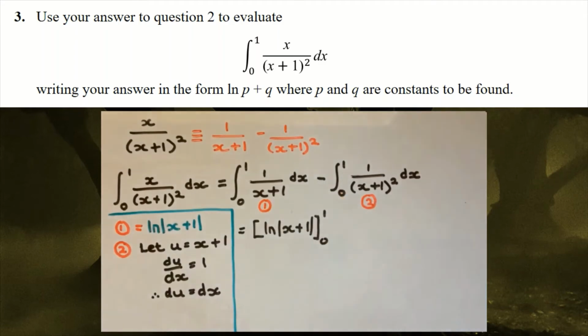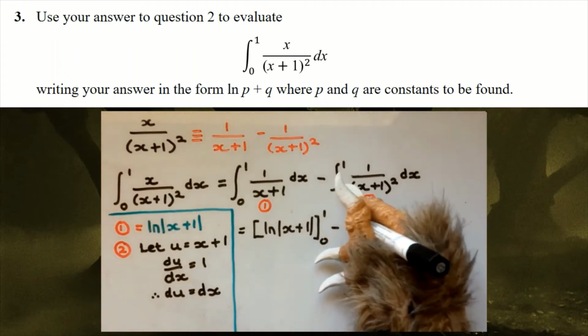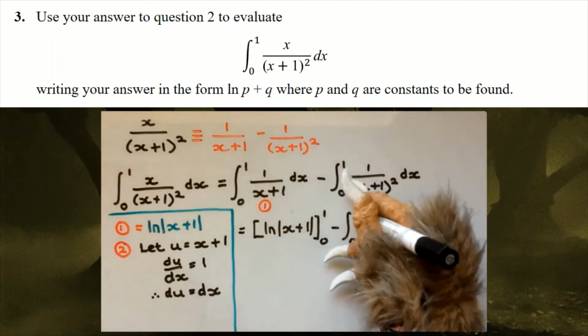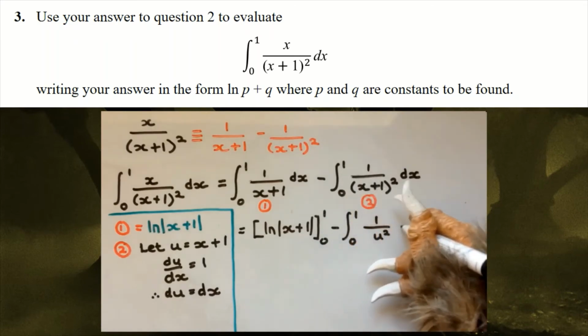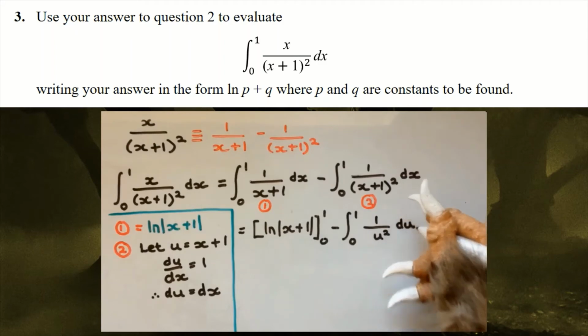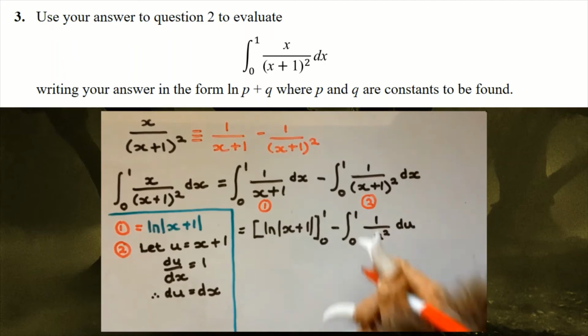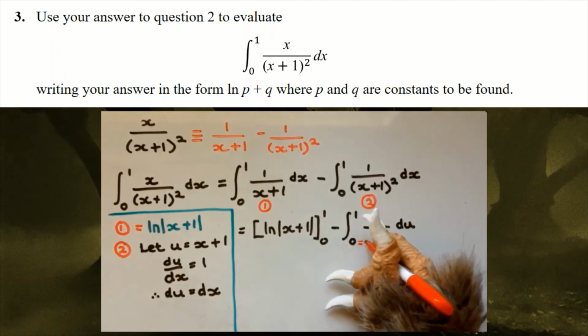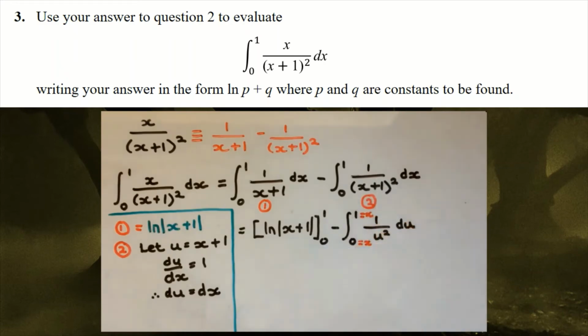That's done. And then we still have to do the integration for the second integral. So we're going to integrate from 0 to 1, 1 over u squared du. And remember, because we have the limits in there, these are x limits, not u limits. You can change them to u limits if you like, but these are x limits at the moment, so they're equal to x values.